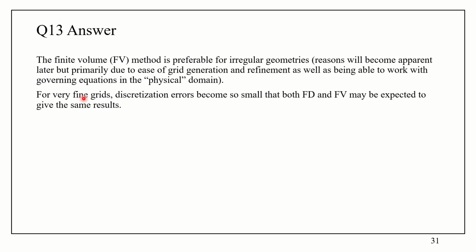And for very fine grids, the discretization error becomes so small that both are expected to give the same results. That is why our answer is option C, 1 and 2.